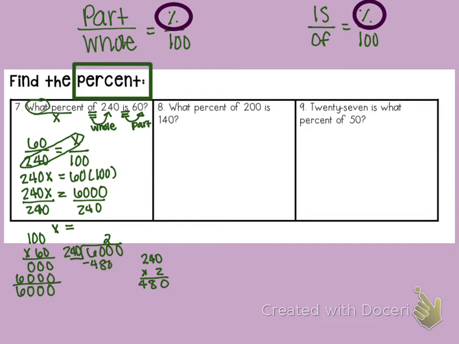Minus 480 is 0 minus 0 is 0. We have to borrow here to make that a 10 and that a 5.